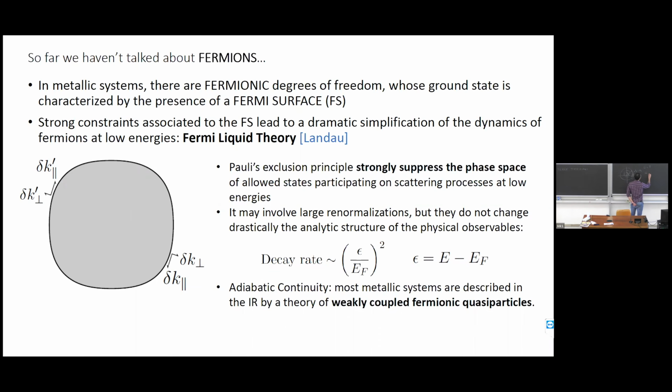In the case of a free fermion, we have essentially this sort of Green function. And what is called the spectral density, which is the imaginary part of this, is essentially a delta function localized at the pole.